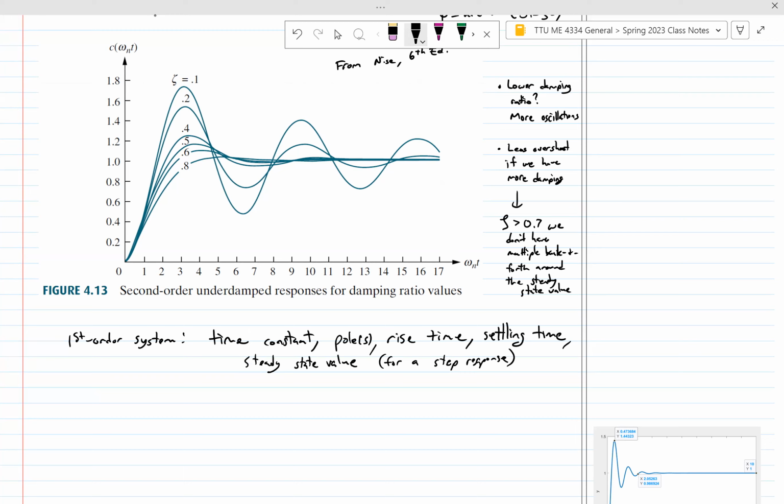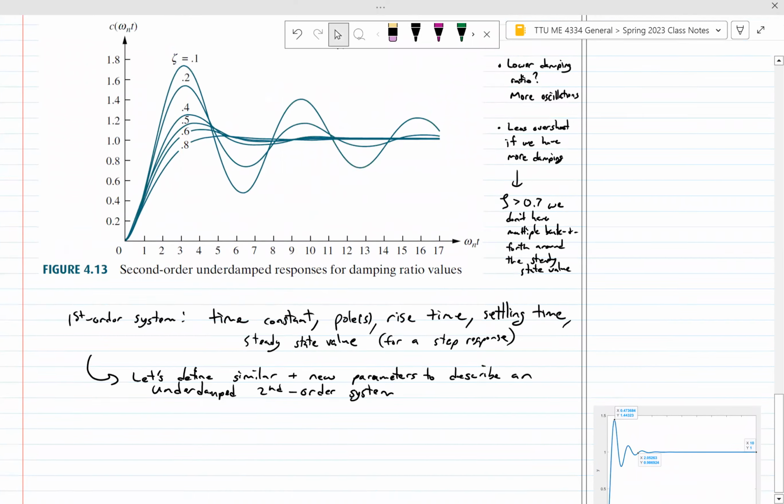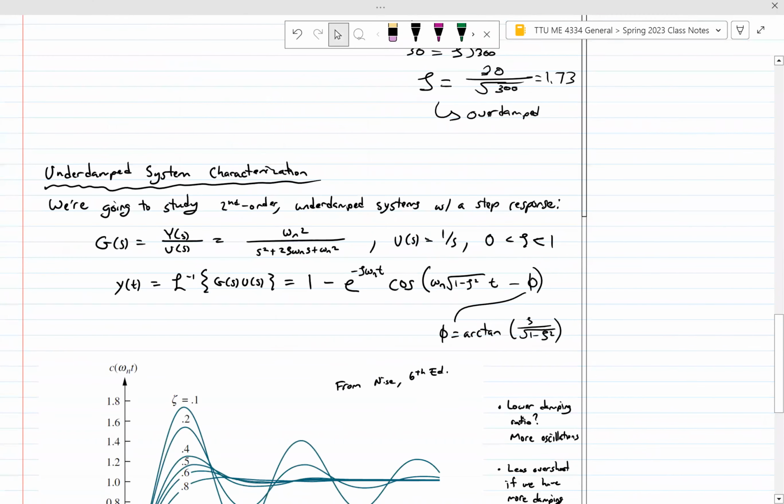So let's define similar plus new parameters to describe an underdamped second order system. All right, so we're going to be working with this equation here.